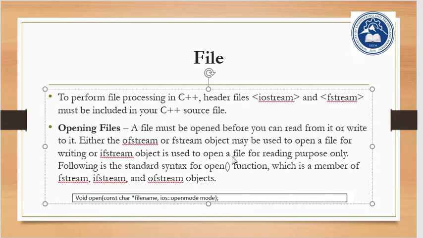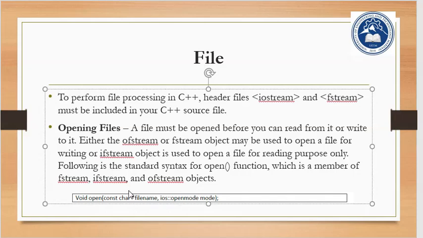You have to write this open function, which is a member of fstream. So basically this is an already defined function in these headers. When you include these headers, you can call that function. So we have void open, then const char star filename.